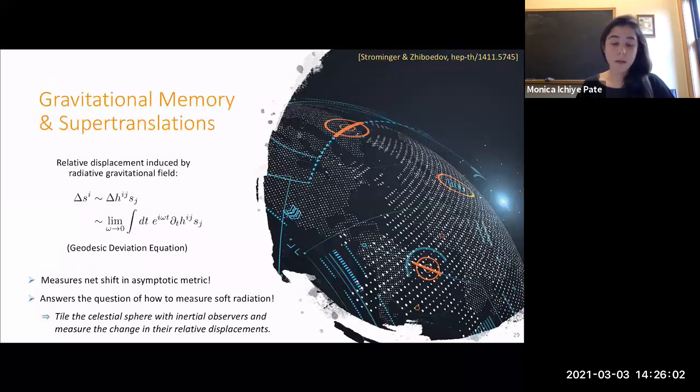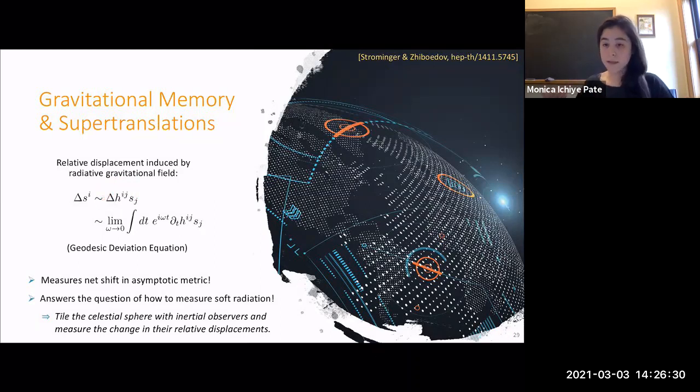So mathematically, this can be understood through the geodesic deviation equation. In particular, the geodesic deviation equation directly relates the permanent displacement between inertial observers to the permanent shift in the asymptotic metric.